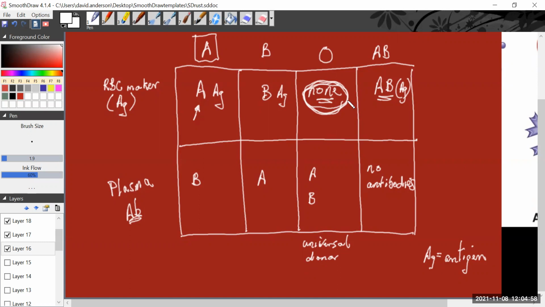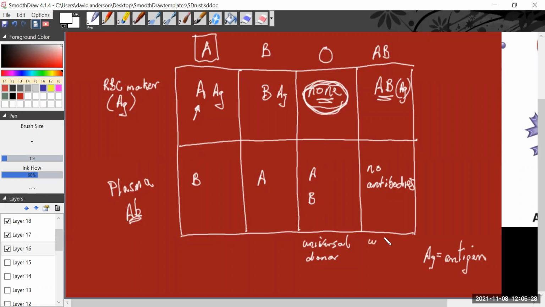There's no antigen to cause the antibodies to react. So a type O person becomes a universal donor. No antigen for A or B. Okay, but the trick is they can only receive blood from another type O because they have antibodies for both. So universal donor, but not a universal recipient.